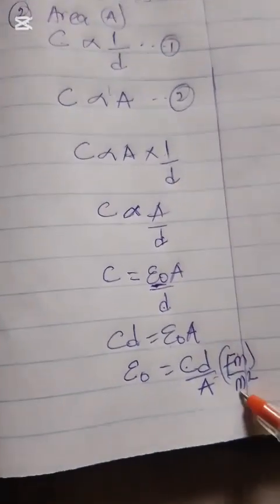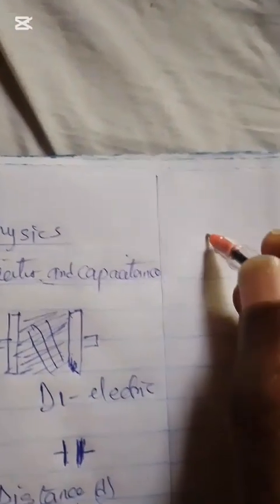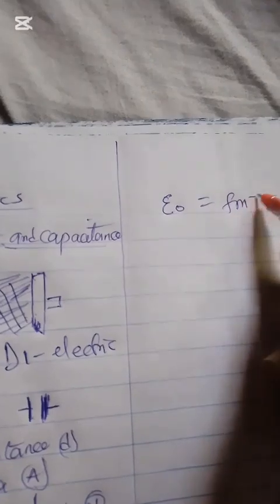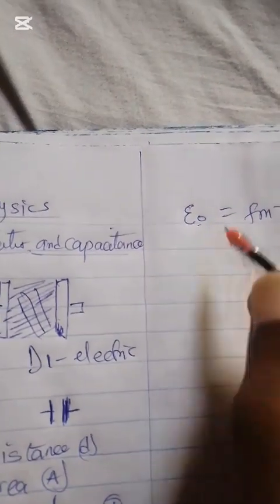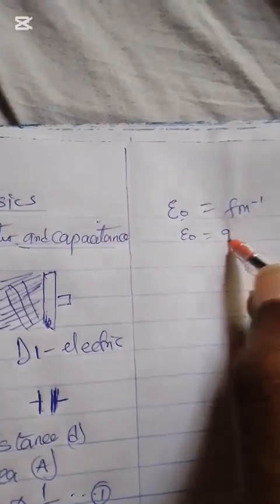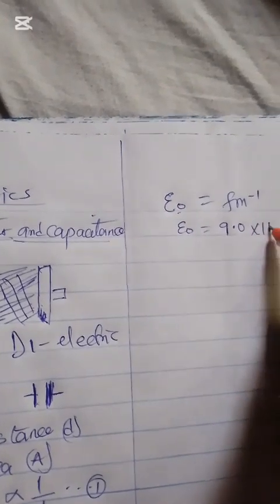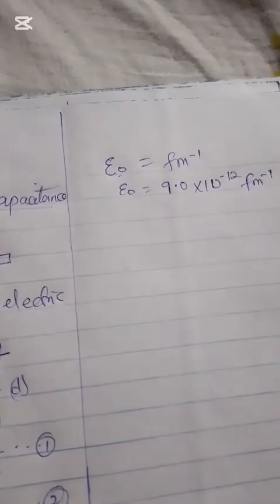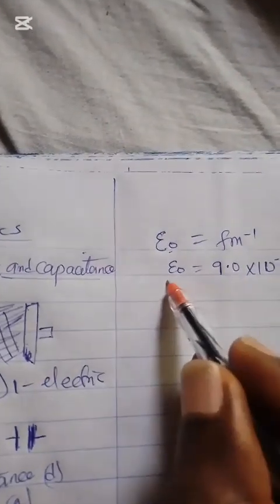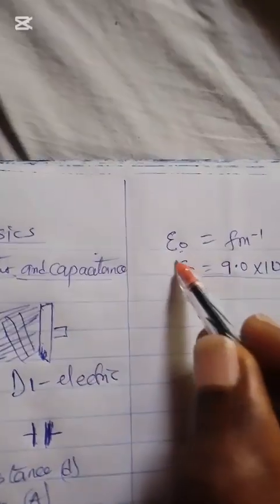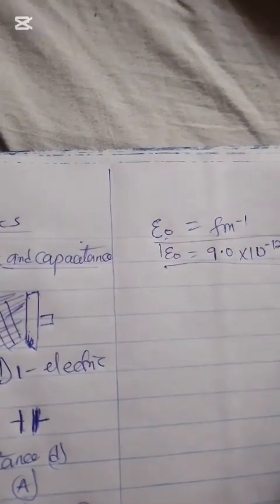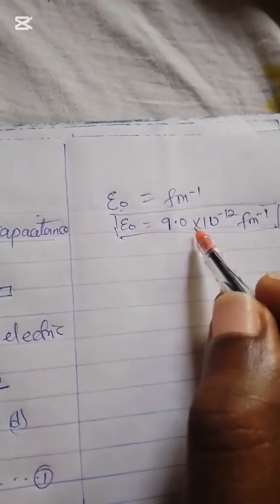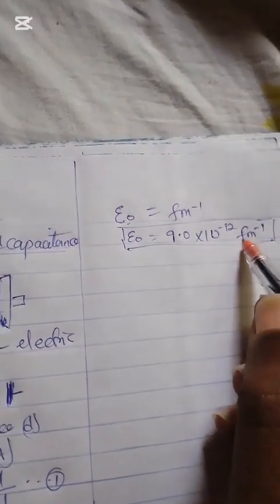So if you divide this with this, we now have that ε0 will be equal to F m raised to power minus 1. And the value of this constant, known as permittivity or dielectric constant, is approximately 9.0 times 10 raised to power minus 12 farad per meter.